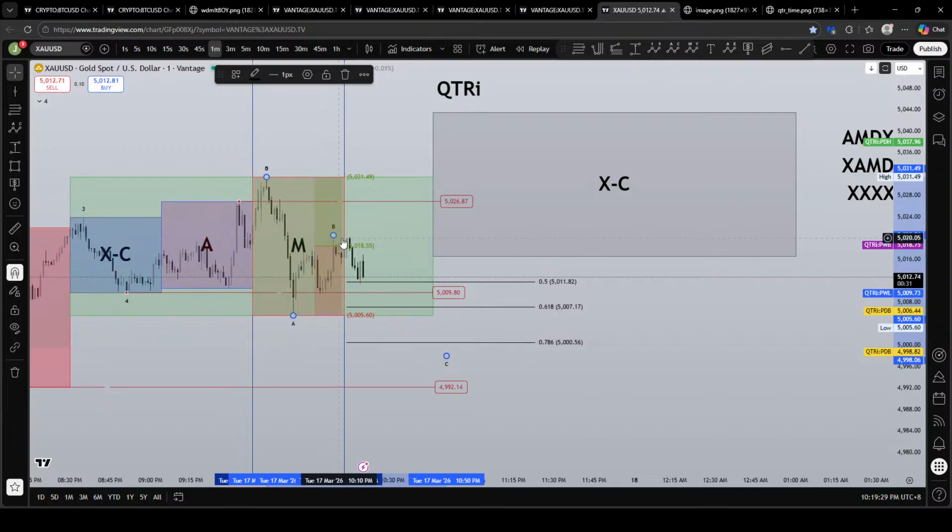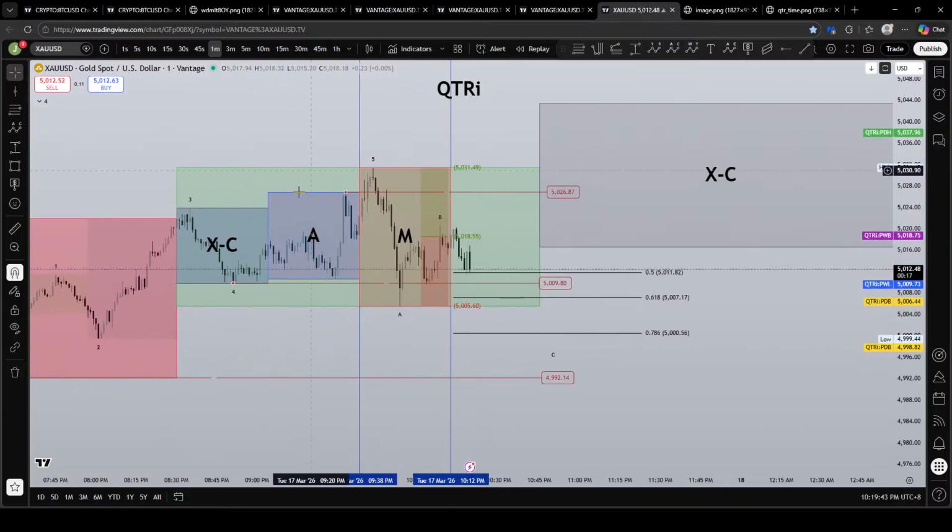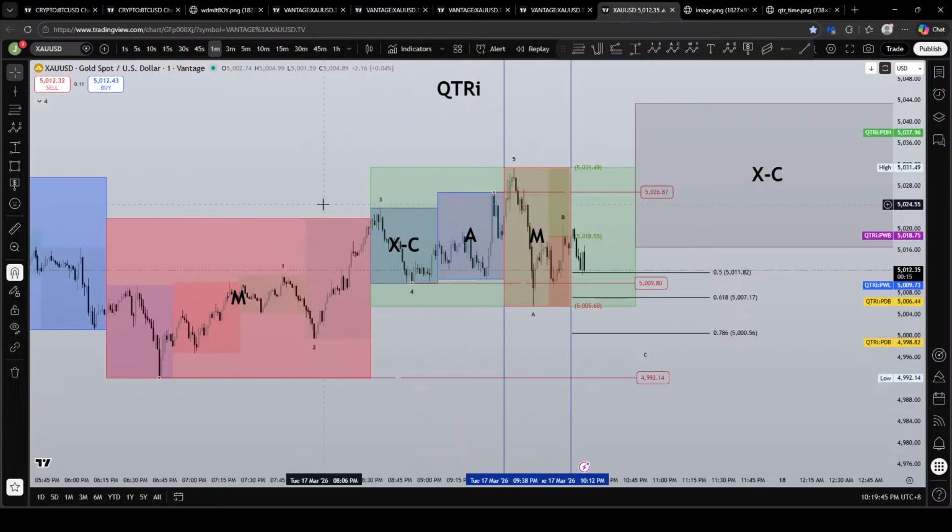So if it creates another high here, I will no longer consider the internal waves of this wave B as zigzag. Instead, I will apply WXY or the W zigzag.